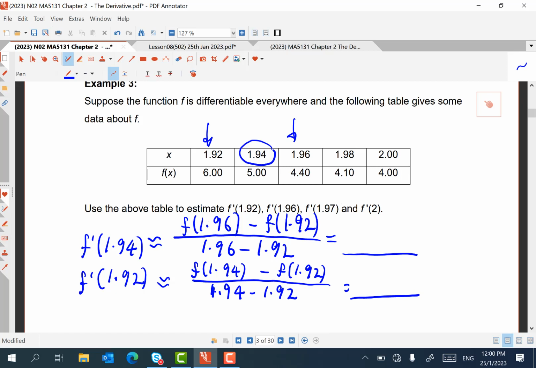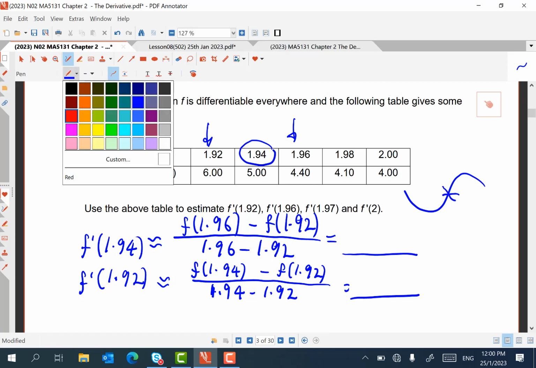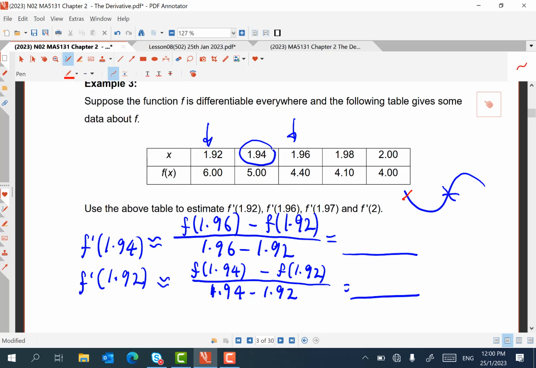If you draw a graph like this and intend to get the gradient at this point, but you use two nearby points like this and like this, then the gradient that you get can be entirely wrong. Can you imagine the red line that I draw has a totally different gradient from the intended one?